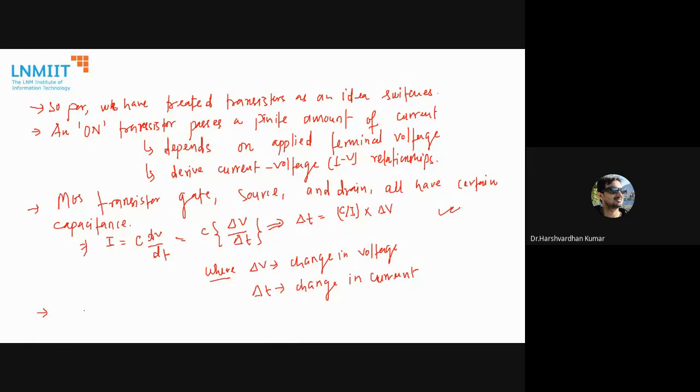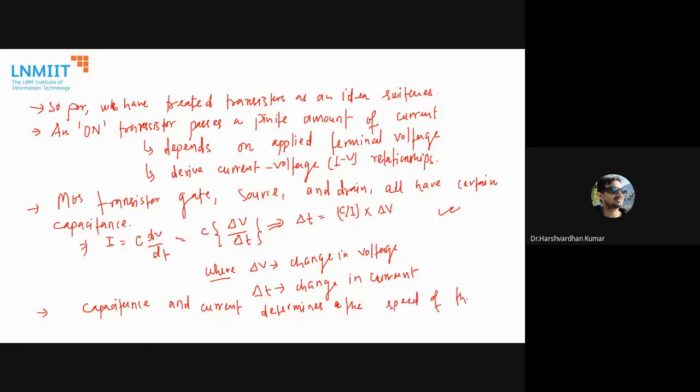So from this equation, what can we conclude? We can conclude that capacitance and current determine the speed of the device.